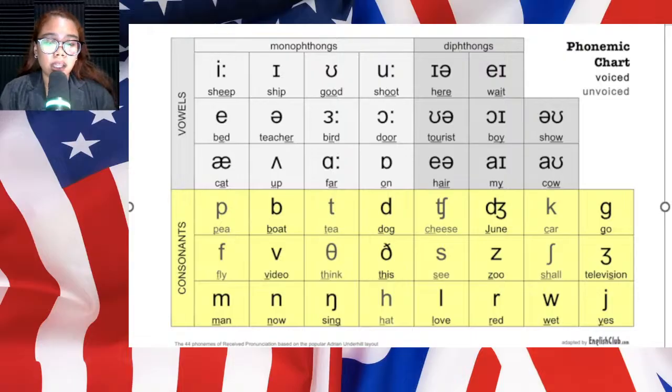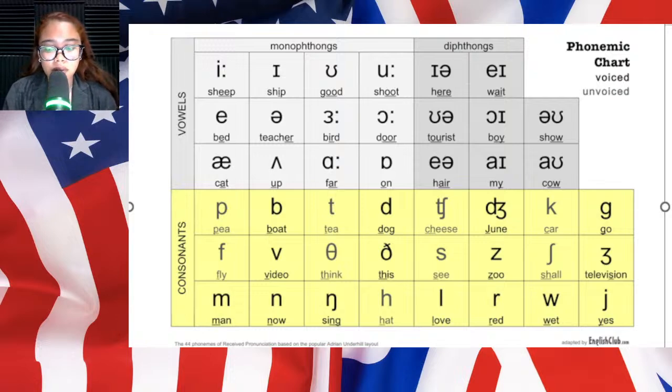Now that we have perfected the sharp pop of the T sound, let's look at its voiced partner, the D consonant. You can find this sound in the word dog, in the fourth column of the top row here in the chart. Just like we moved from P to B, we are now moving from the voiceless T to the voiced D. The physical position is exactly the same as the T sound.